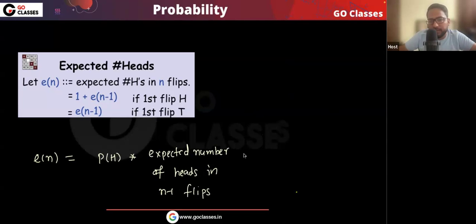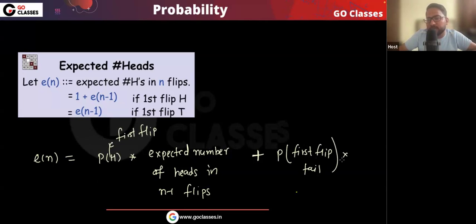Similarly, so basically the first flip could be head. So probability of first flip to be head, plus probability of first flip is tail, right?